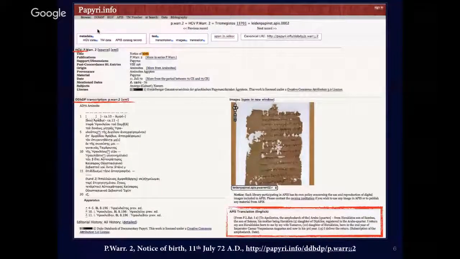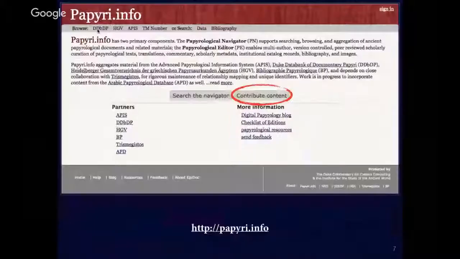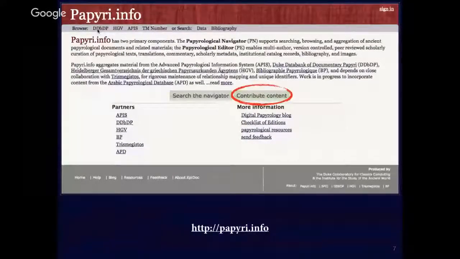So texts and metadata were originally obtained from the aggregation of pre-existing databases. Now instead, new texts and metadata, or corrections to the existing ones, are added through users' contribution, with a procedure that includes an editorial vetting in order to meet scholarly standards.